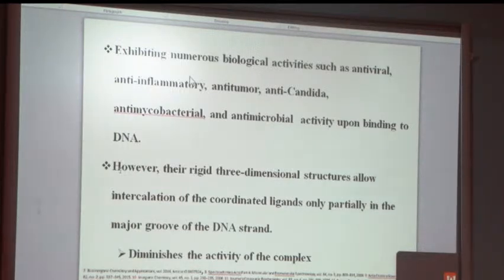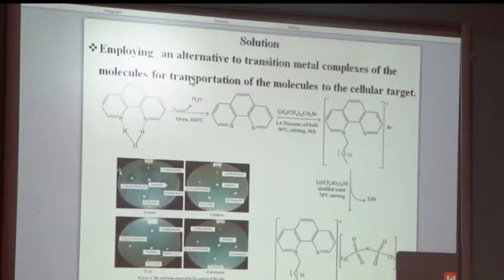So what can be done to make this disadvantage of coordination compounds better? This is done by engaging the coordinating nitrogen atoms with a structure that may avoid the formation of a rigid three-dimensional structure, so that the interaction of the biologically active molecule with the DNA is not minimized.